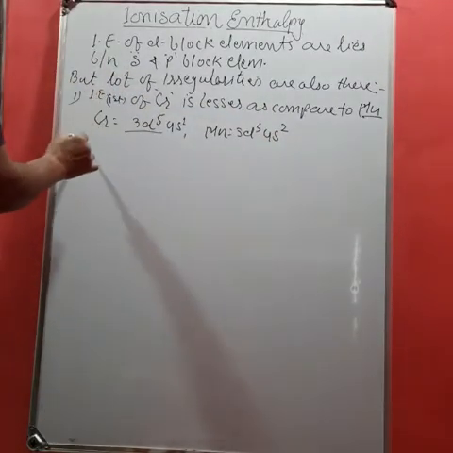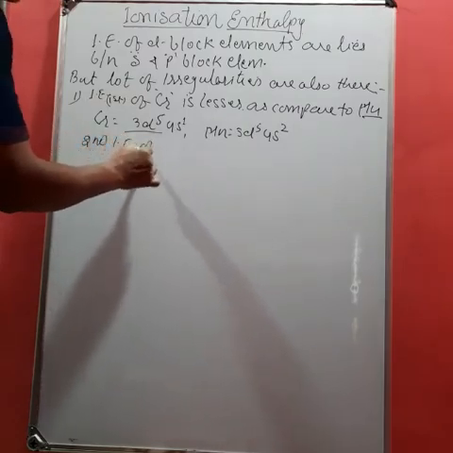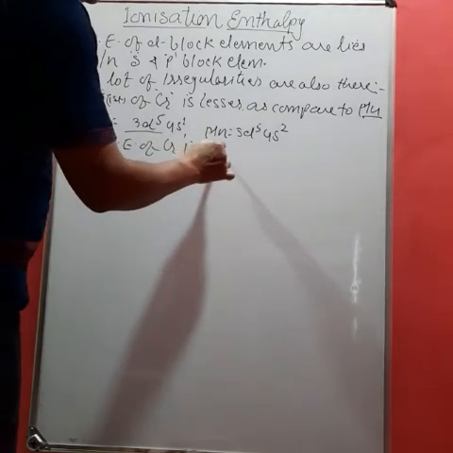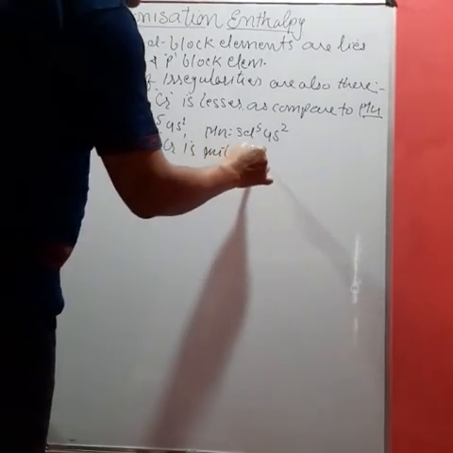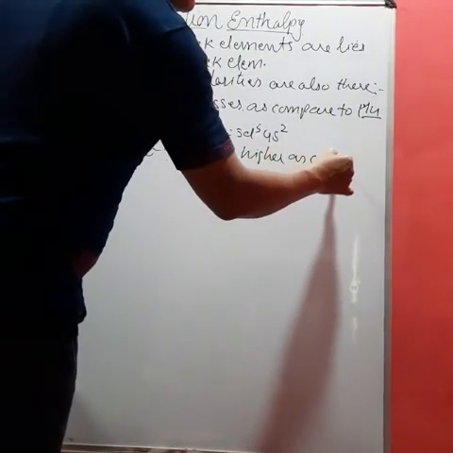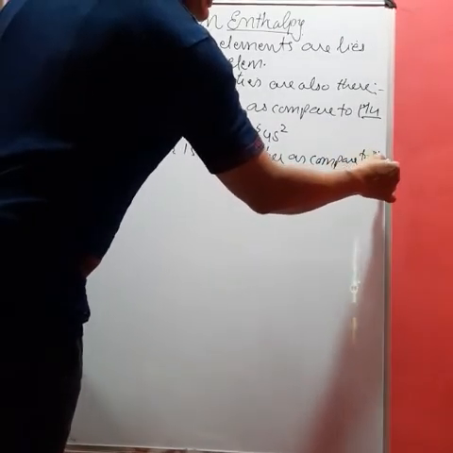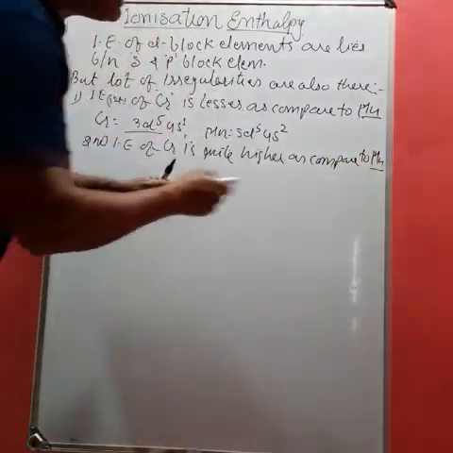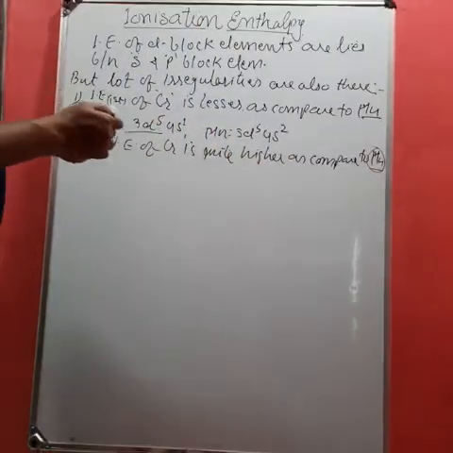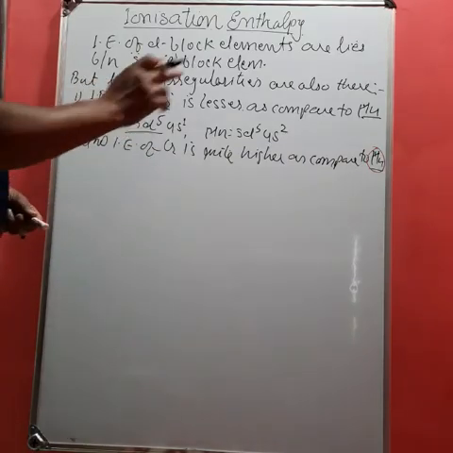That means the second ionization enthalpy of Cr is quite higher as compared to Mn. Now, why will it become higher as compared to Mn? It is because it will acquire the noble gas electronic configuration. Isn't it?